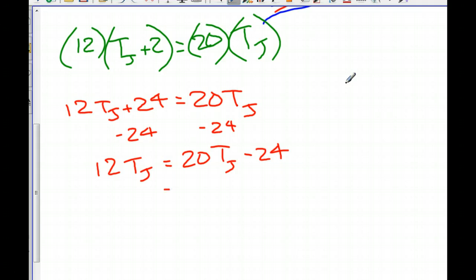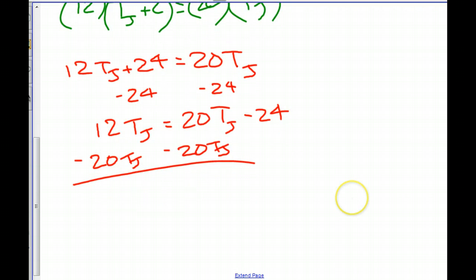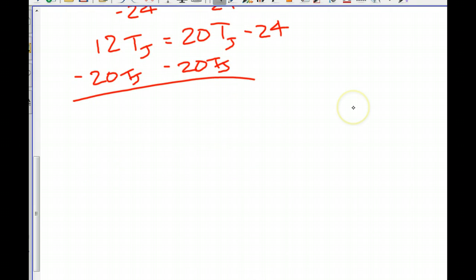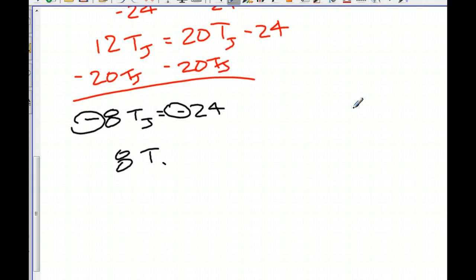Minus 20? Minus 12. And what do I get then? 8. I'm just kind of following your direction here. I get a negative 8 equals, okay, so my negatives disappear because they're on both sides there. Positive.